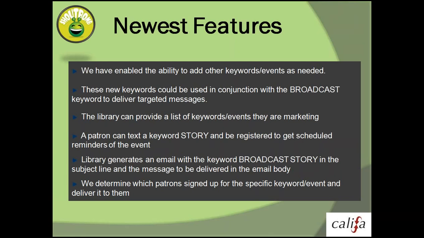An example would be story time. So, information about registering for story time would be on their website. One of the options would be via the keyword text message. If a patron texts us the keyword story, they would be registered to receive event notification when story time happens.